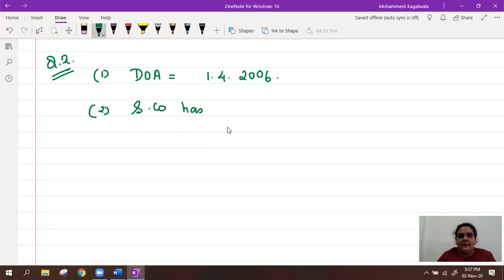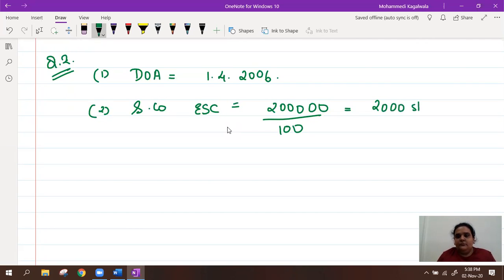So the subsidiary company's equity share capital is rupees 2 lakhs divided by 100, that is 2000 shares. Out of these 2000 shares, 1200 shares are held by the holding company. Therefore, the balance 800 shares belong to the minority interest. So, what is the ratio?